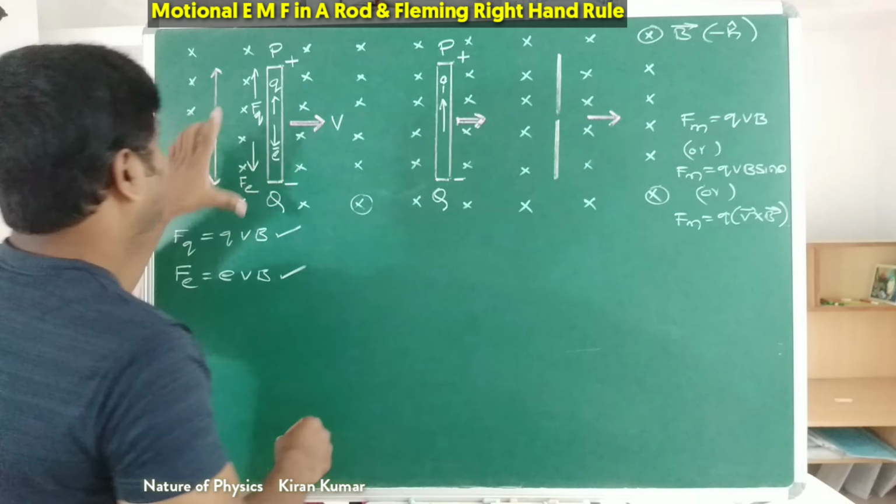So we can write that the EMF induced across the rod, capital E, is equal to E into L. This is taken as equation number 1.